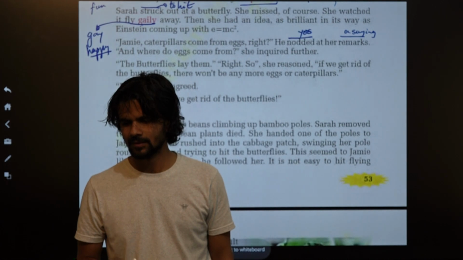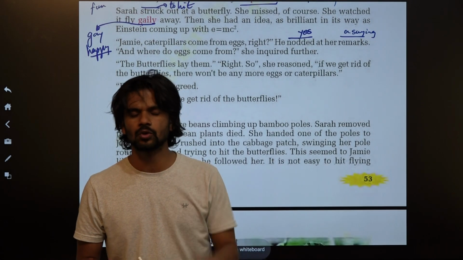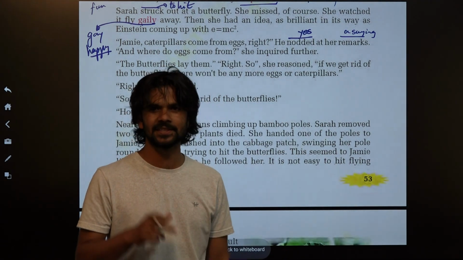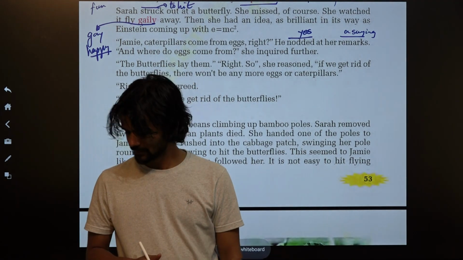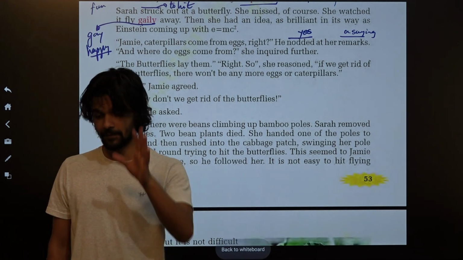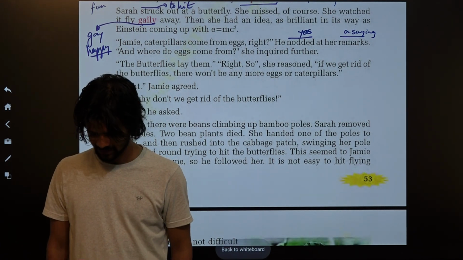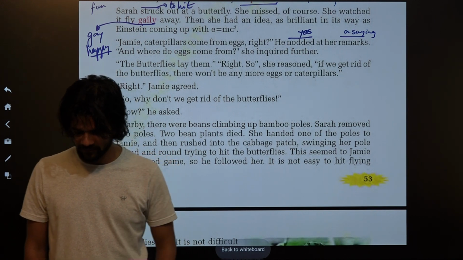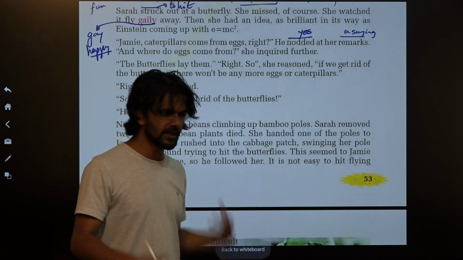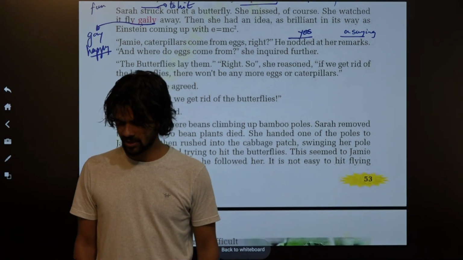These butterflies are the root cause of these caterpillars. So let's get rid of them. Jamie agreed. Jamie said, okay, wonderful idea. So why don't we get rid of the butterflies? How? he asked. So Sarah said, why don't we get rid of the butterflies? And Jamie said, how should we do it?